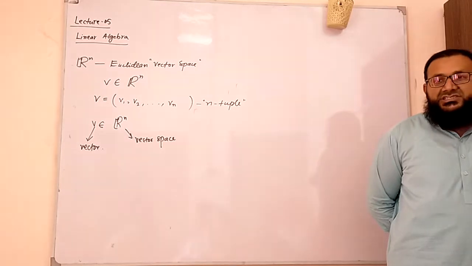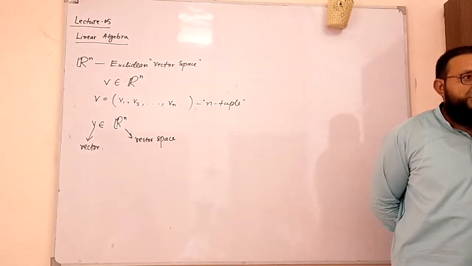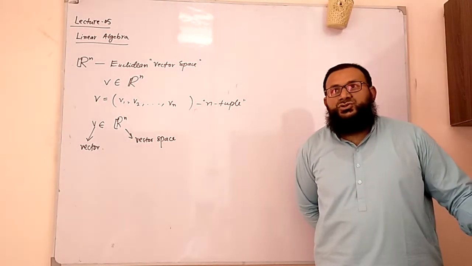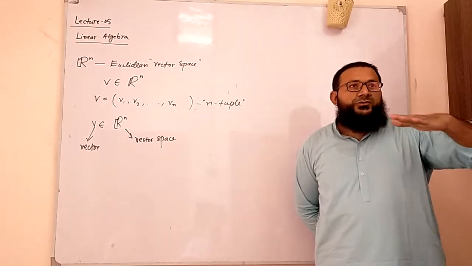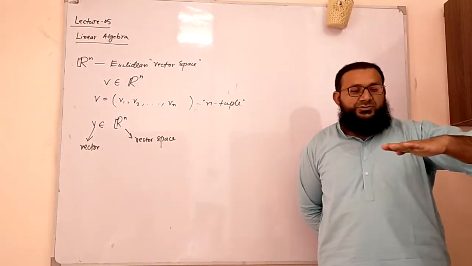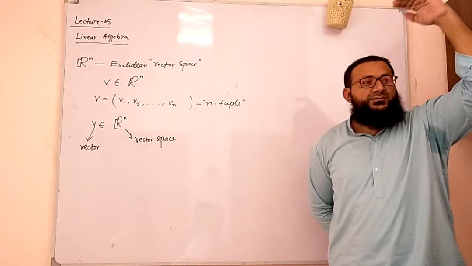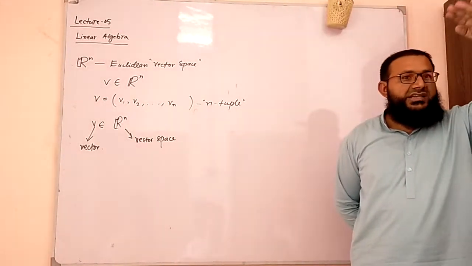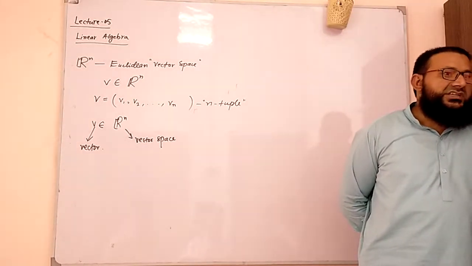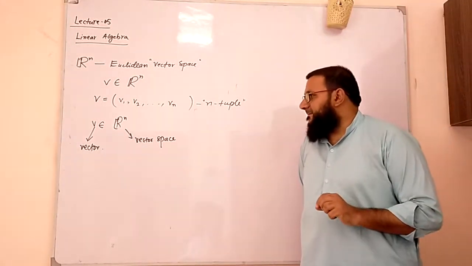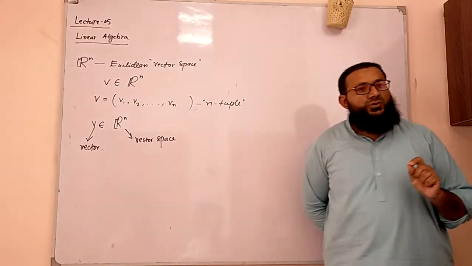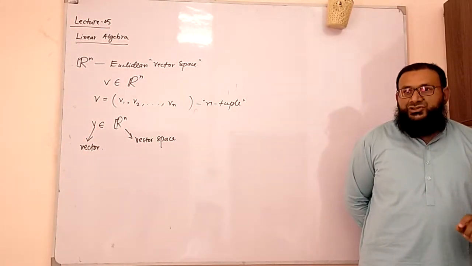Like we have 3 dimensions x, y and z, and the 4th dimension is going to be time. So basically time is going to foliate your space. At time 0 you are here, at time 1 you are here, at time 2 you are here. So you are going to create different spaces within a single space. That's another idea. But geometrically we can represent only R1, R2 and R3.